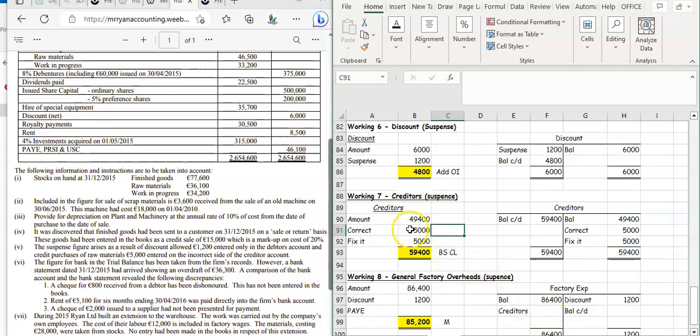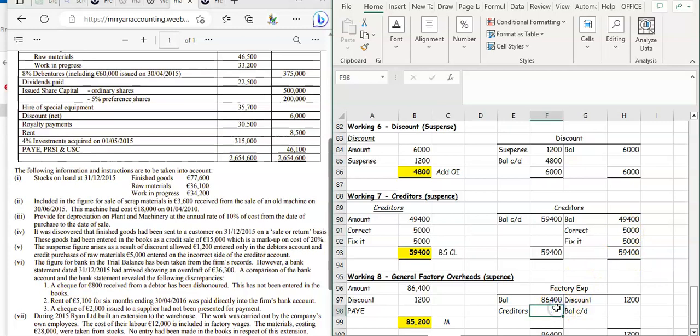So just remember that 49,400, we need to correct it. So to correct it, we put 5,000 on the credit side, which brings it up to 0. And then for the correct 5,000, we add another 5,000 on the credit side. So it's 10,000 that we're putting on the credit side of the creditors.